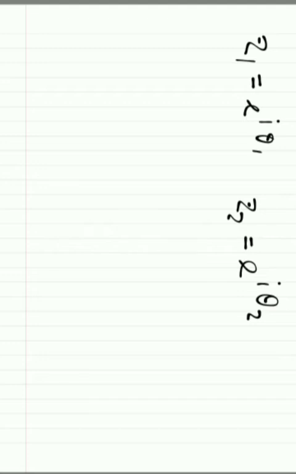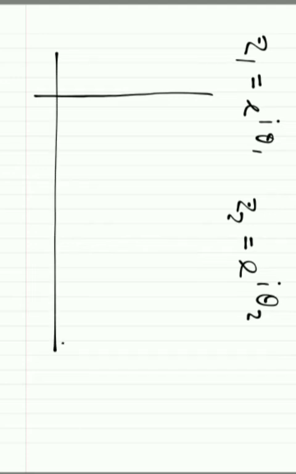Because see, suppose we are taking z1 as only e to the power i theta 1 for simplification, and z2 equals e to the power i theta 2. The modulus are 1 here. So if we draw these numbers in the two-dimensional plane, what we will see?